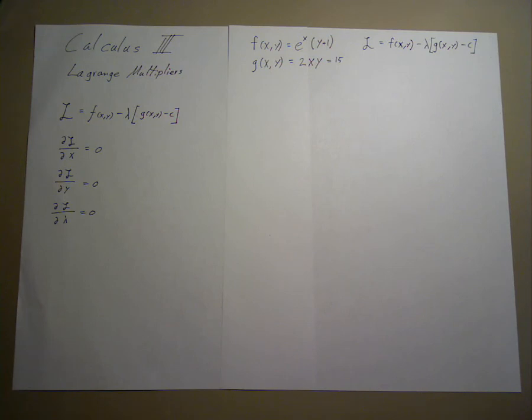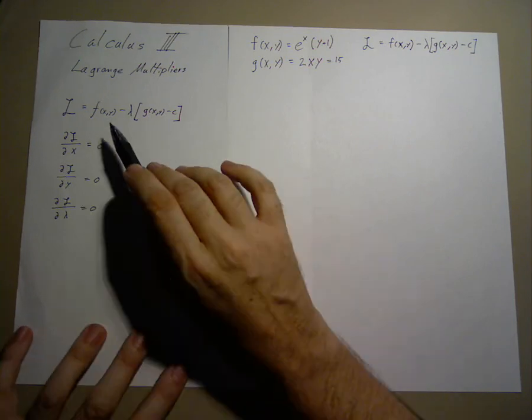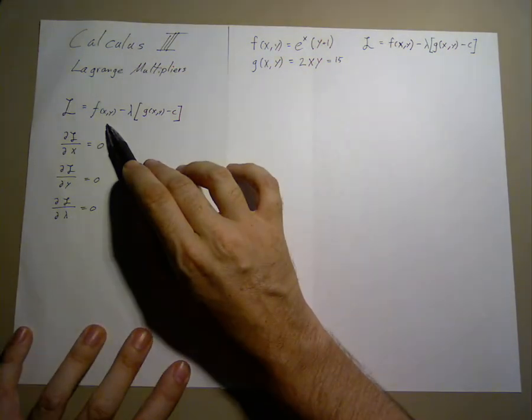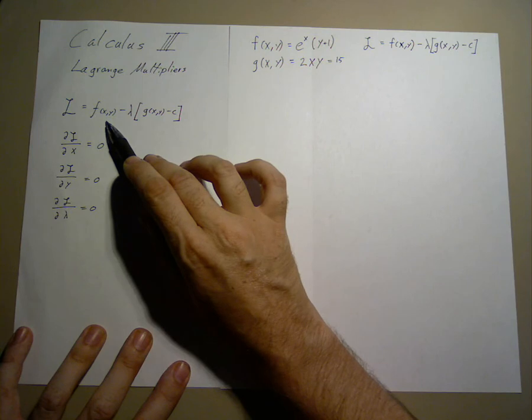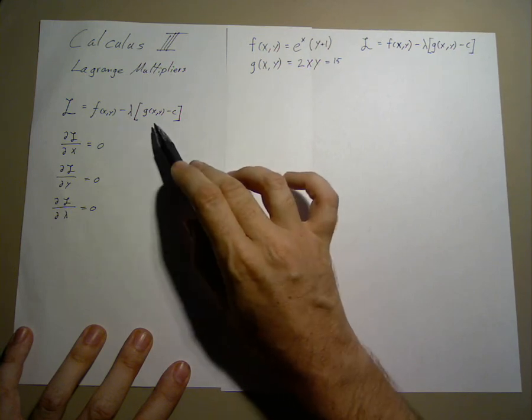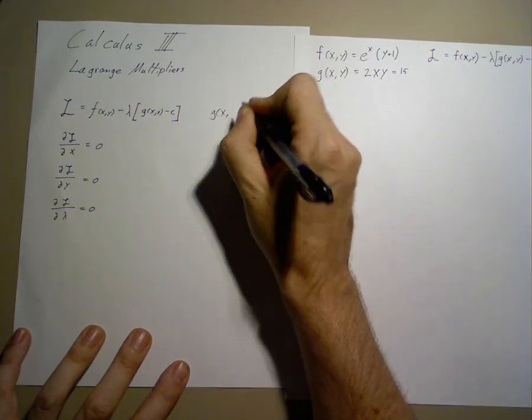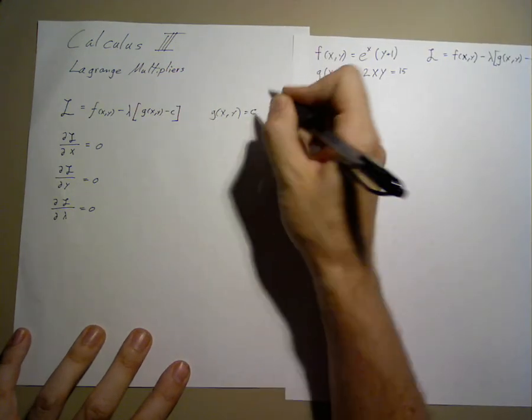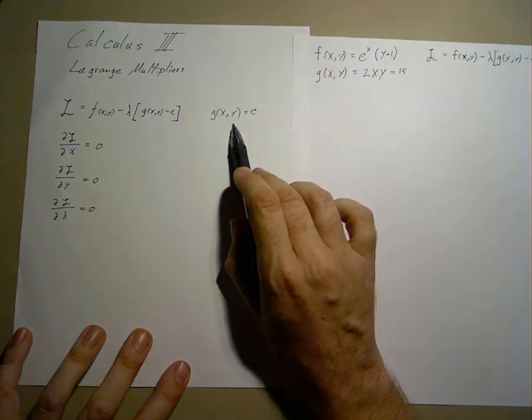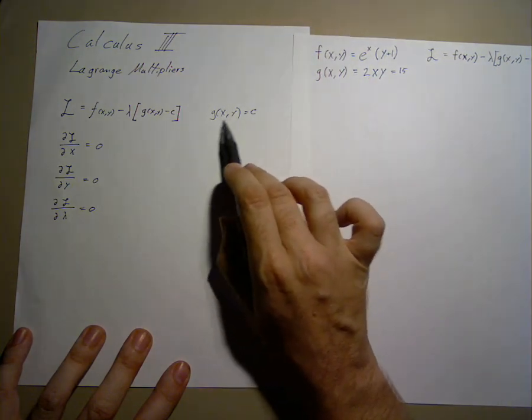In order to do this, we set up a system called a Lagrangian. In the Lagrangian, f is what we want to maximize, where g(x, y) = c is our constraint. This is what constrains our solution.